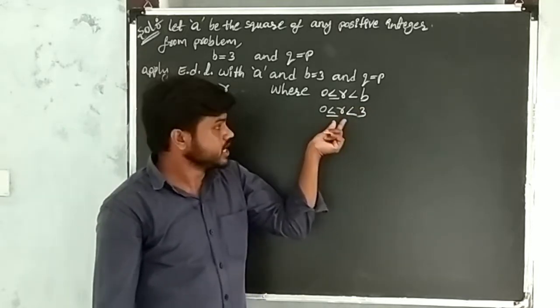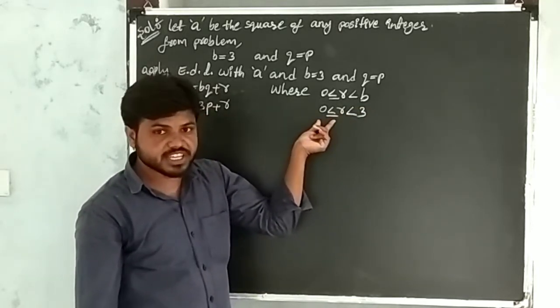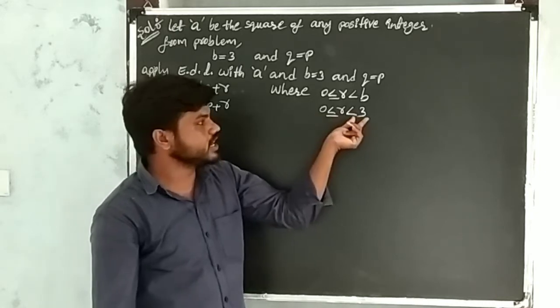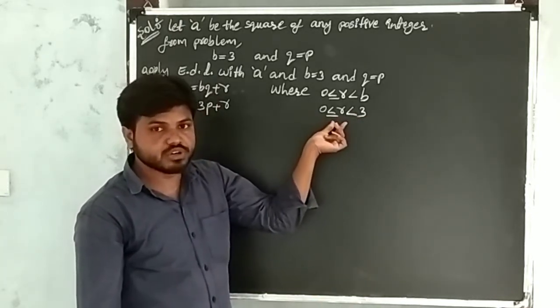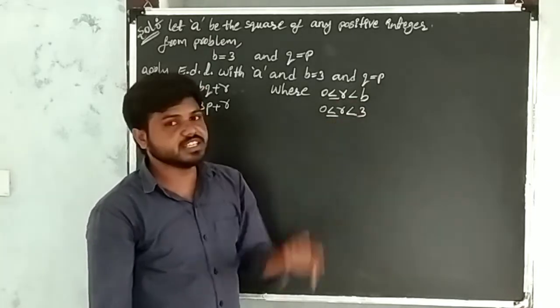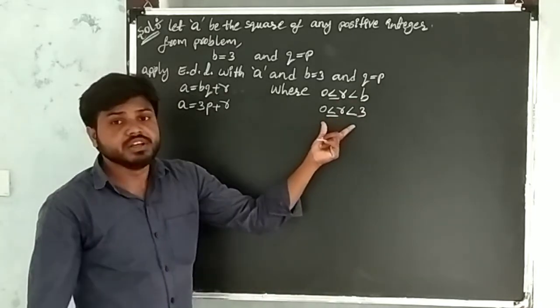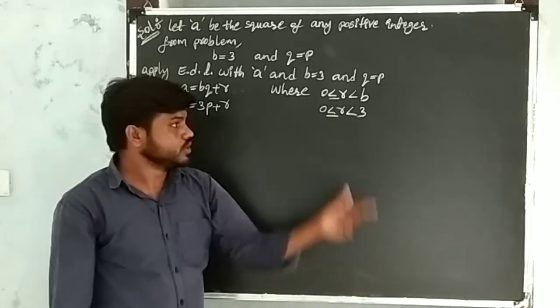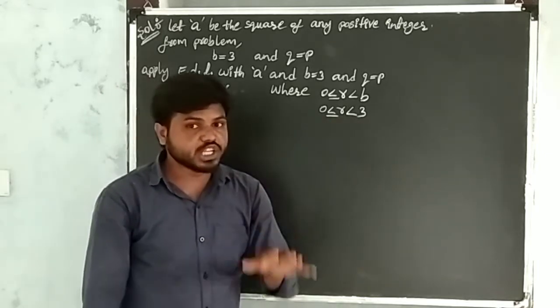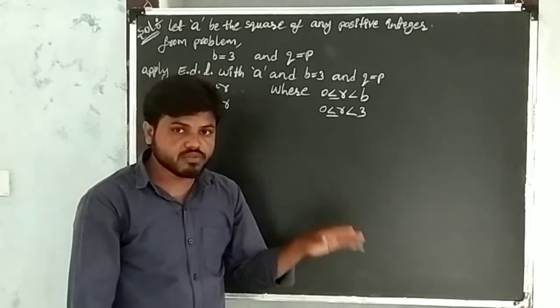From this we can say the remainder is greater than or equal to 0 and it is less than 3. From that we can say the possible remainders are 0, 1, 2.